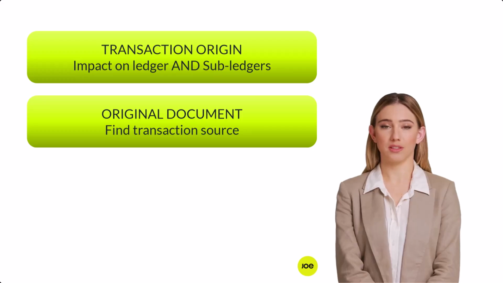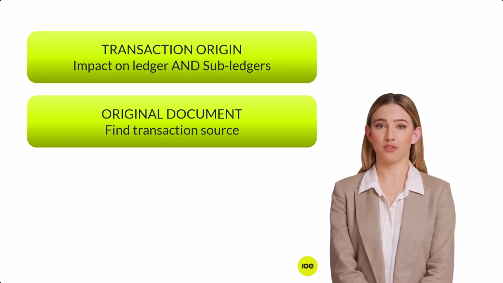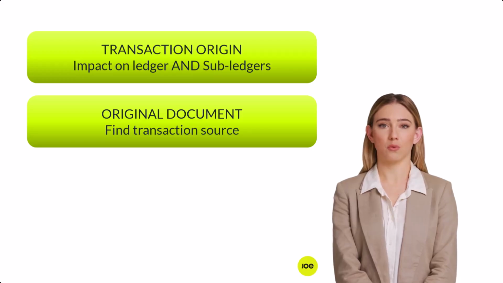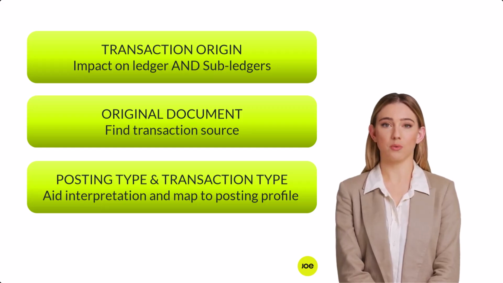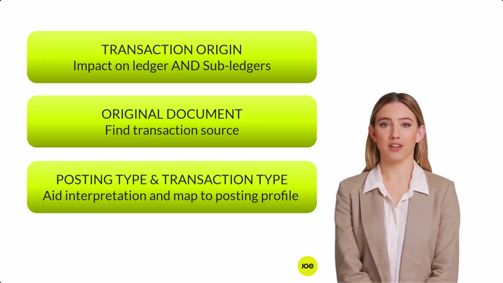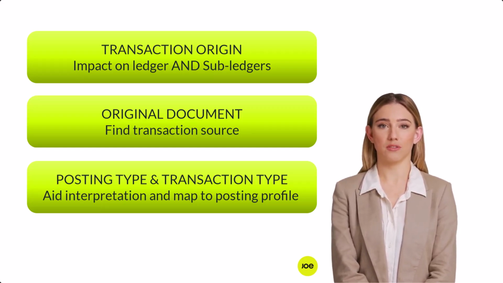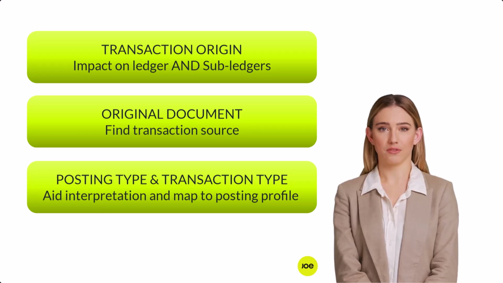Remember, a document in Dynamics language is not just a physical document like an invoice, but also any other system entry that produces vouchers. Finally, we used the posting type and transaction type on the voucher to interpret entries, and to map them to the posting profile. Every transaction is different, so a little experience and practice is required here.